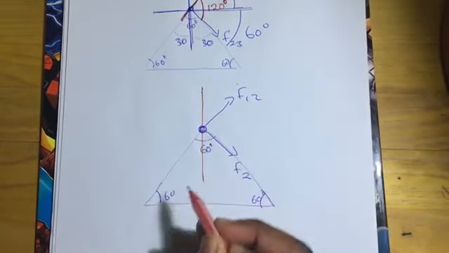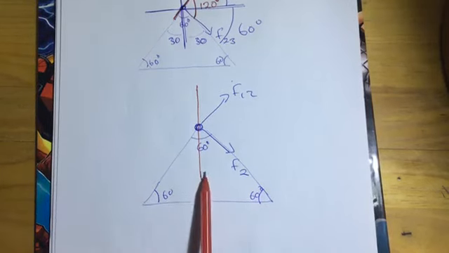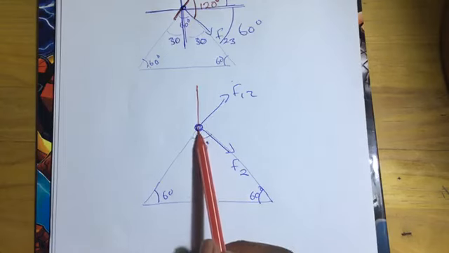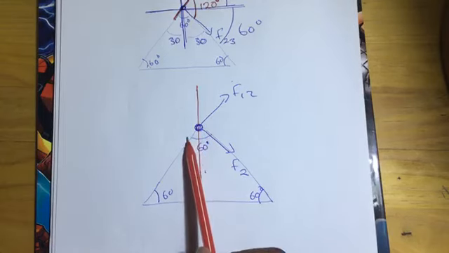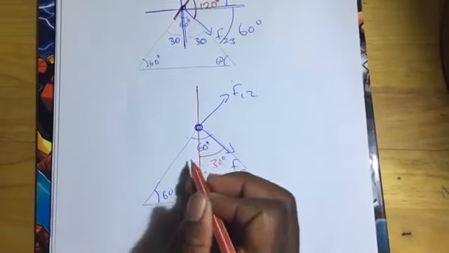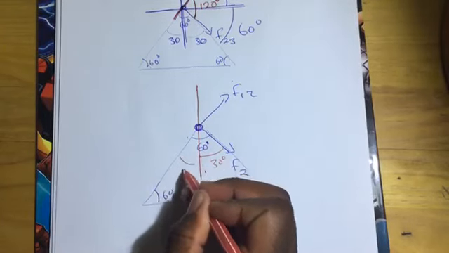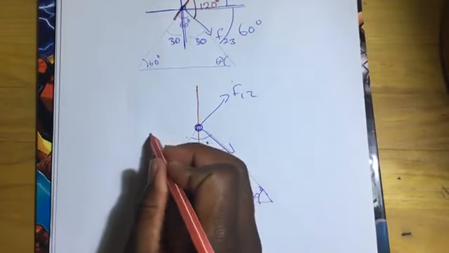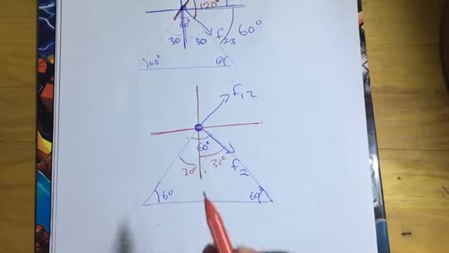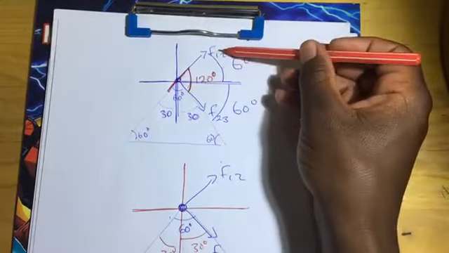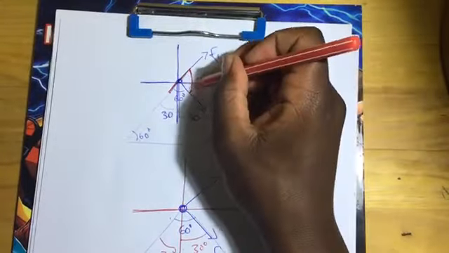You see that? Now, there's something special about this line that we've drawn. This is the y-axis. Because this is an equilateral triangle, it is going to divide this angle into two parts. Meaning, this angle here is going to be 30 degrees. This angle here is also going to be 30 degrees. Another division is the x-axis here. The total angle between F12 and F23, we found it to be 120.